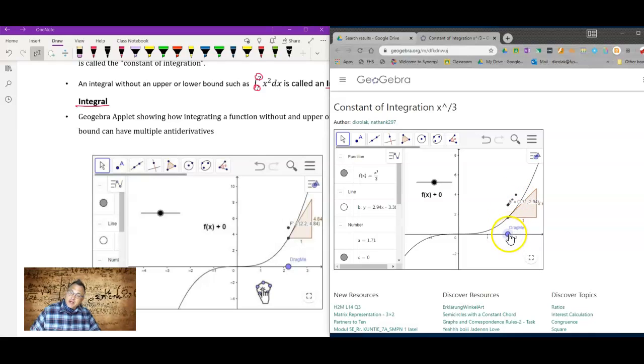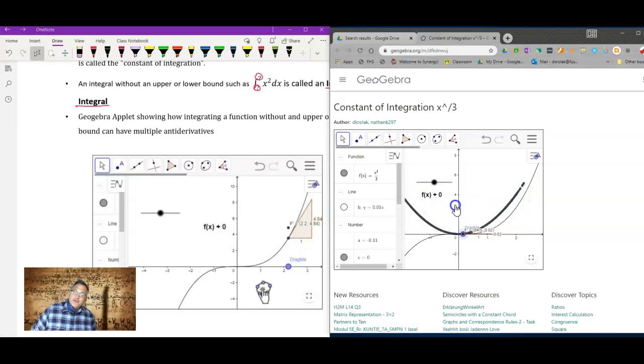For example, at 2, the slope is equal to 4. As I drag this around, it graphs the derivative, a parabola, and in fact that's the graph of x squared. So x cubed over 3 has a derivative that is x squared.